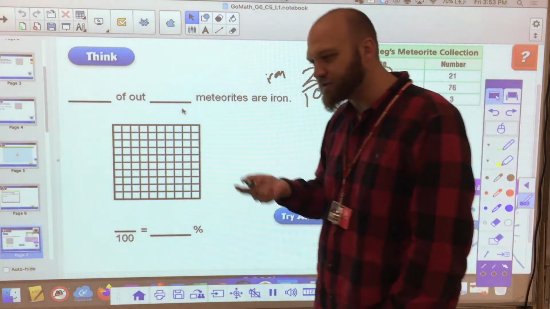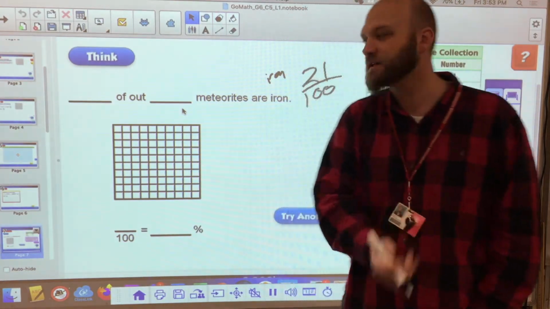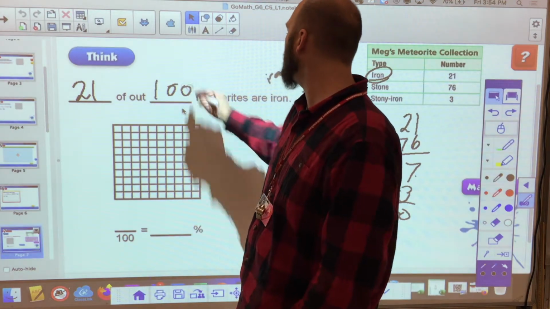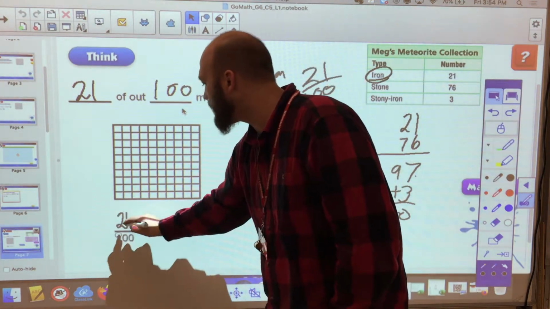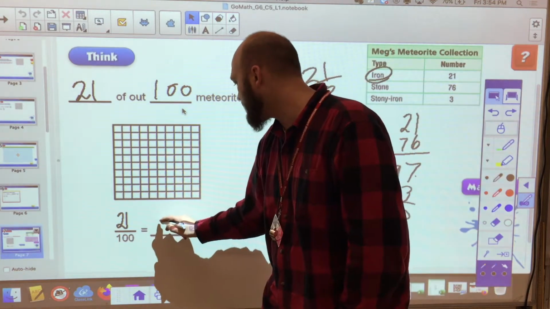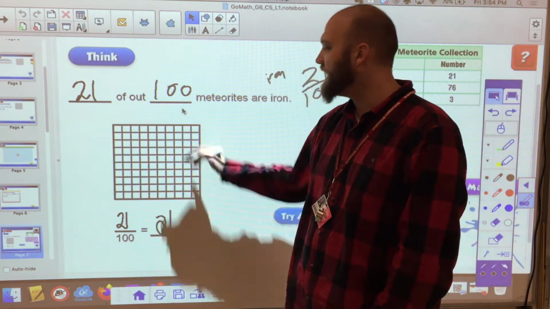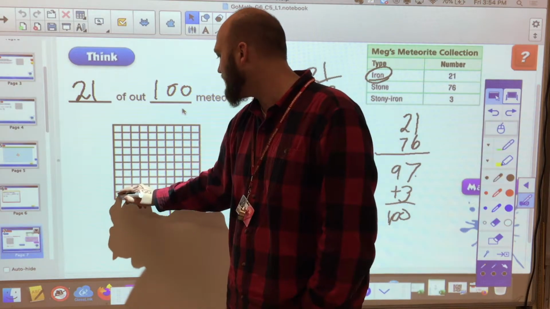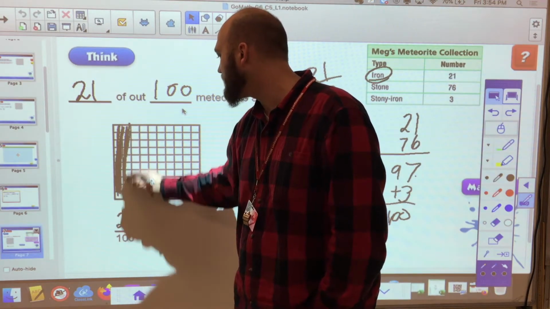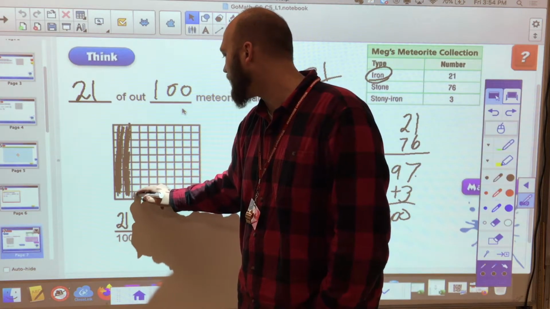So out of 100 literally means percent. So 21 out of 100 meteorites are iron. That's 21 over 100. There's your fraction or your ratio. That makes it 21%. If I have 100 blocks here, I need to fill in 10, 20, one of them.